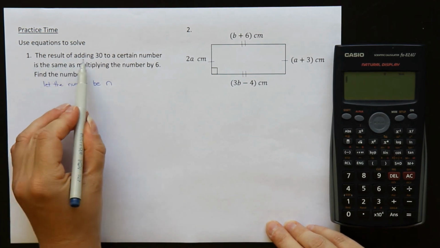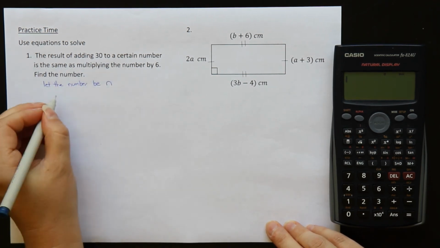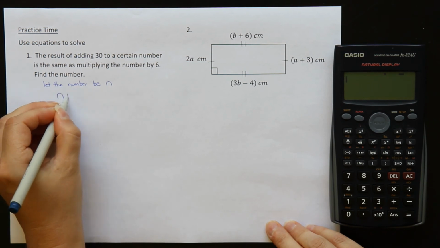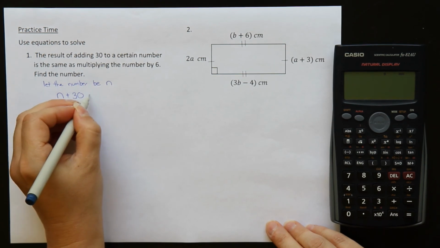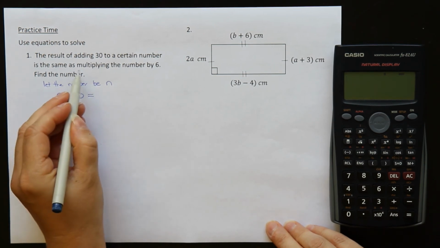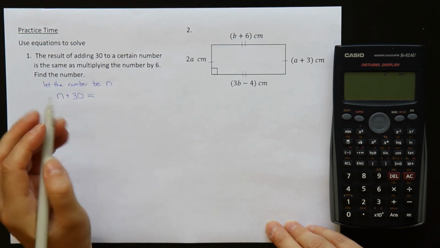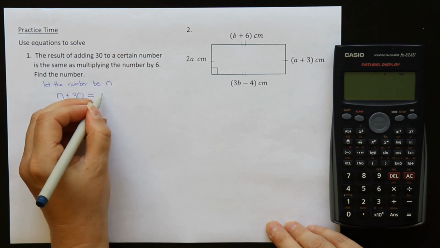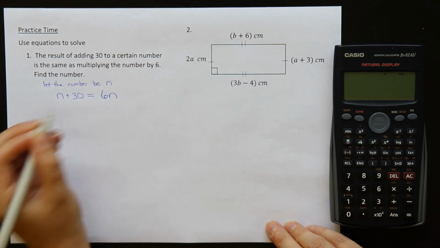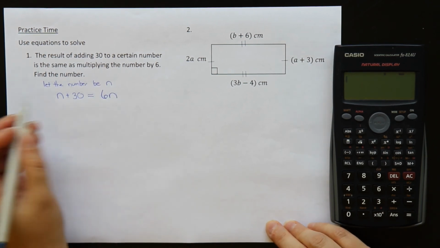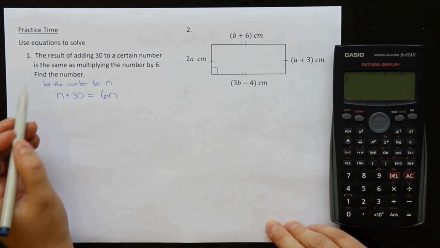The result of adding 30 to a number, alright, I want to add 30 to my number, so n plus 30 is the same as, that means equal to, multiplying the number by 6. Multiplying my number n by 6, that means 6 times n, or 6n. There's my equation.